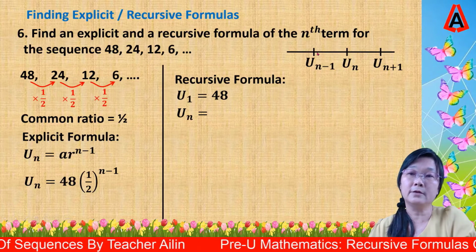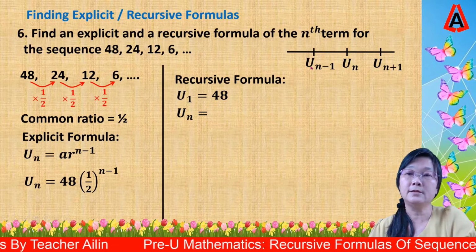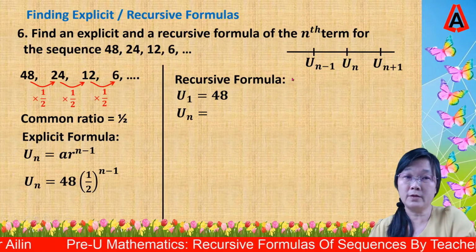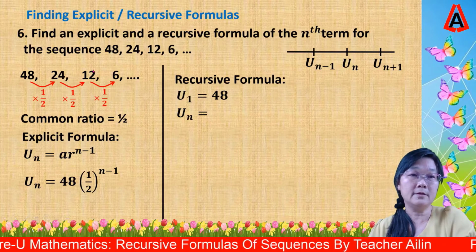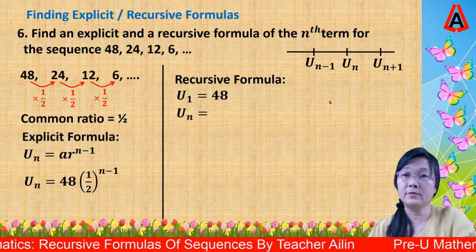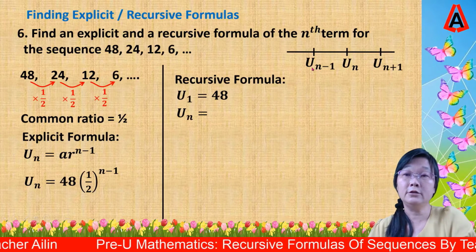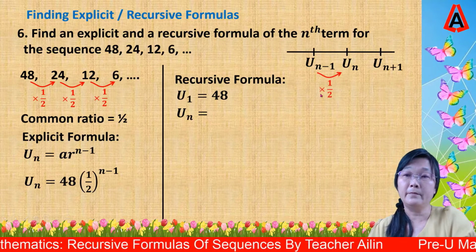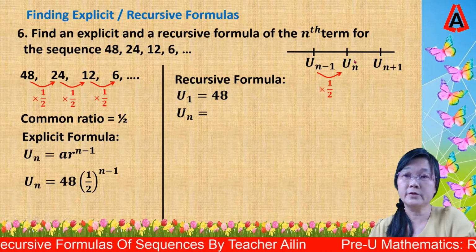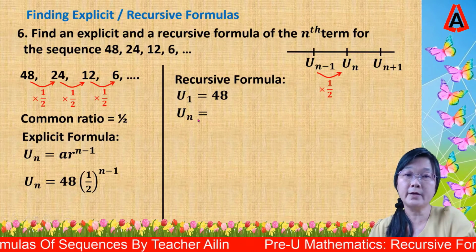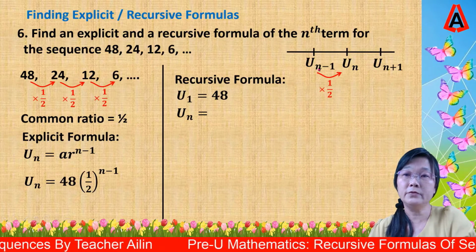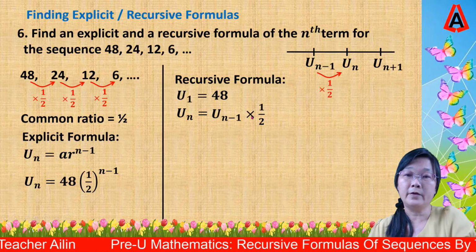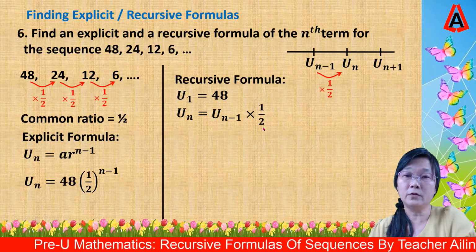Then for the recursive formula for Un, when we look at the number line, Un will always depend on the previous term, that is Un minus 1. So from the pattern of the numbers in this sequence, we know that in order to find the next term, starting from the previous term, we multiply by 1 over 2. So if you want to find Un based on Un minus 1, we multiply by 1 over 2.